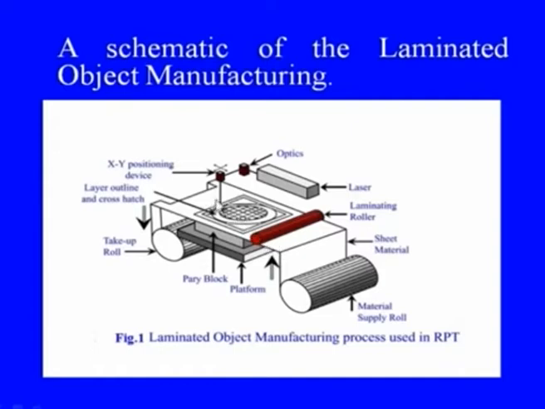So, as soon as this is being rolled over, this hot roller will transfer some heat energy to this, and under this the glue will get activated and will get stuck to the product, and this platform will get lowered by a distance which is equivalent to the thickness of the plate or the object in this particular section.